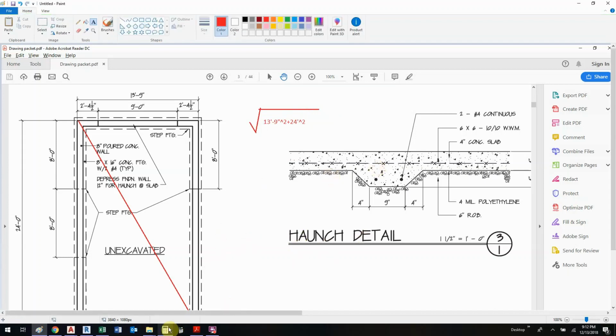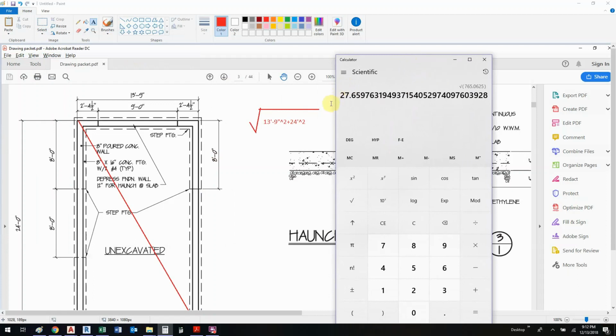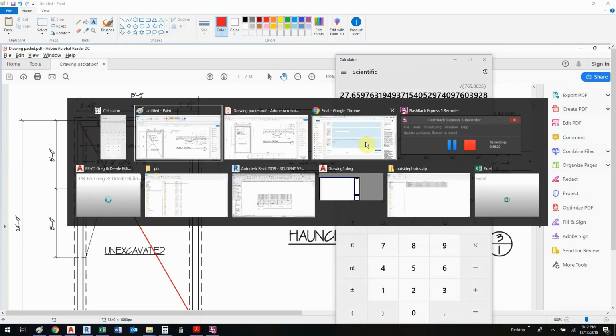Let's see if we do it that way. Okay, so 13.75 squared, 24 squared, add that to it, and then I'm going to find the diagonal by taking the square root of that, so that is 27.6597.